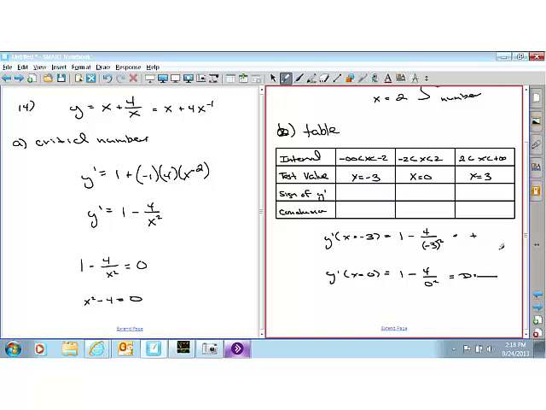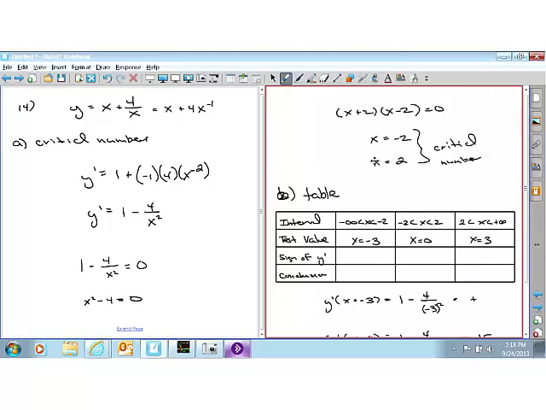So what did I do wrong here? Because originally I just got 2 critical numbers. What happened is, if you look at this point, when x equals 0 the derivative goes to infinity. So we actually have to add an additional column.